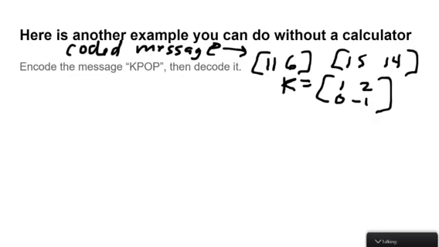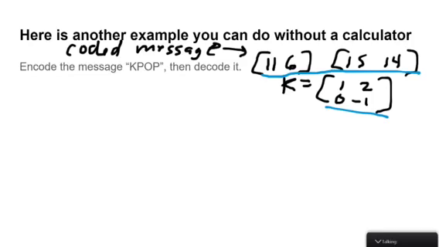Now let me be a little more clear about what I just said. So right here we have the coded message. I have an arrow pointing to that, and this is our key. Now we want to decode it to get it back to the original message, K-pop.